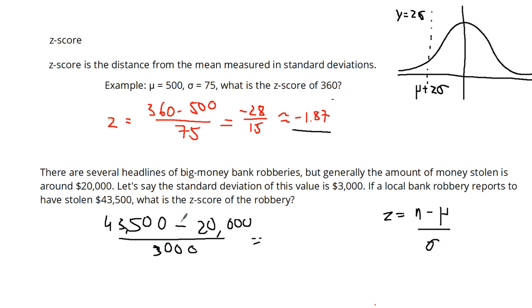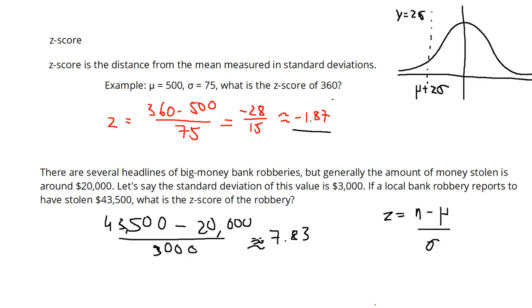That gives around 23,500 over 3,000, which is around 7.83. If the world really was like this, a $43,500 steal from a bank would be really, really, really rare.